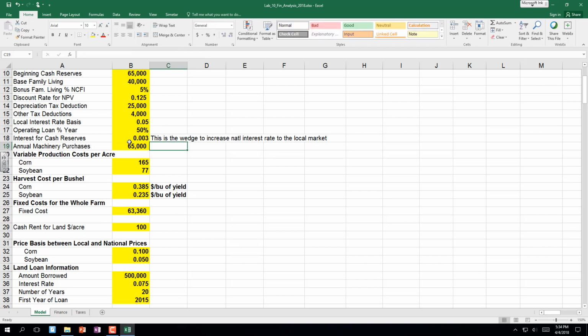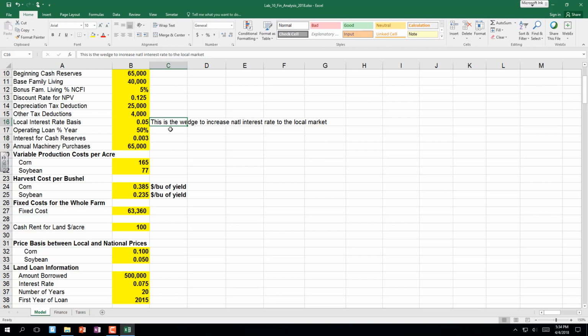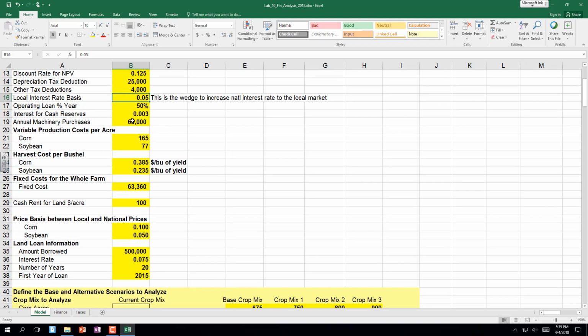No one's borrowing, oh, pardon me. Now, that is an interest on cash reserves. We'll use that number there. That comment goes right there. Local interest rate basis, which is saying we're going to pay 5 percentage points more than whatever the national is. We're not considered a good borrower.